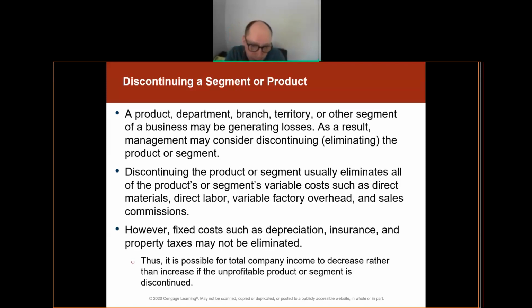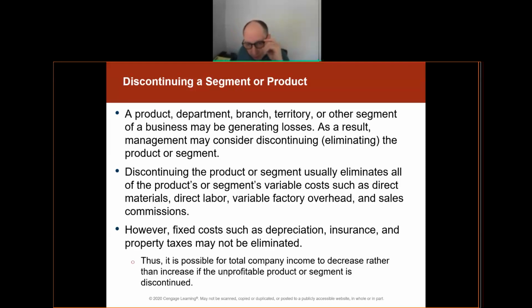It becomes obsolete, price goes too high, parts become harder to get, customers no longer want it. The list goes on and on. So we need to make a decision to discontinue it, and how do we make that decision? We do it through differential analysis.